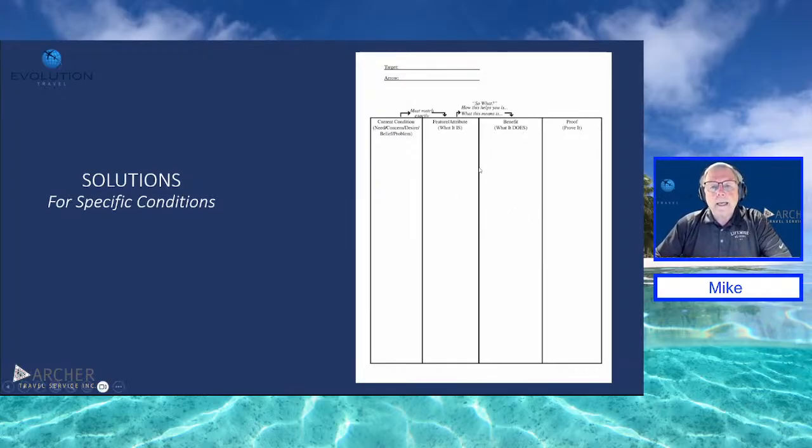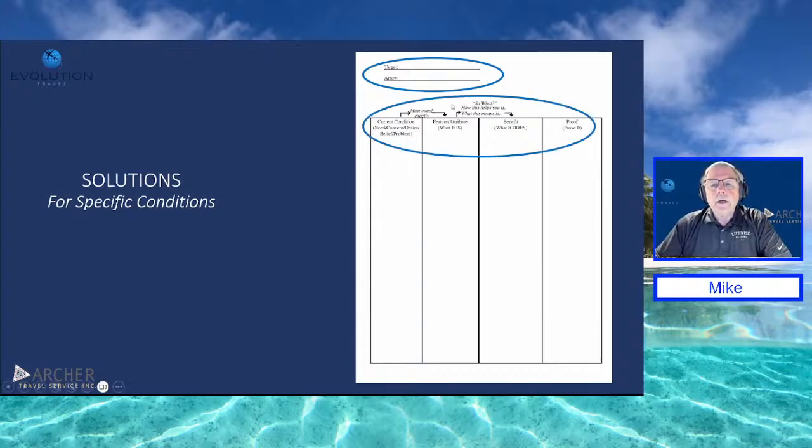So this blank is what I really want you to pay attention to: what's your target? Okay, your target is, let's say, for example, it's a family that's going on a cruise. The arrow is what your overall solution is. Then over here, this is really important because this is how you're going to organize it.